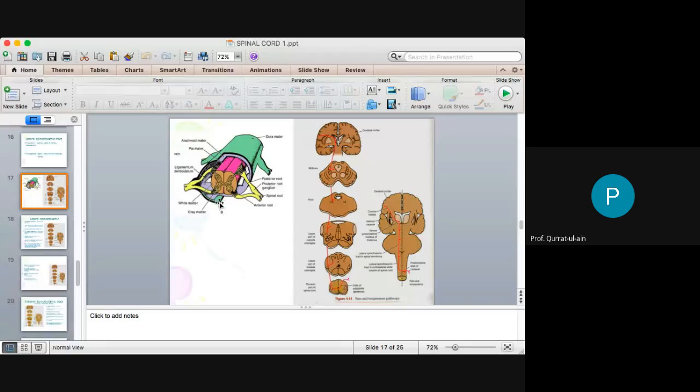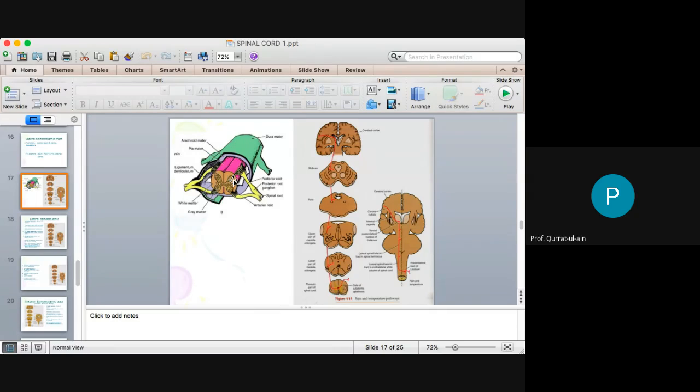The sensations will be carried from the nerve fibers, spinal nerve, first to the dorsal root ganglia, spinal ganglia, which is the first order neuron, right? And then it reaches the posterior horn where it relays in the substantia gelatinosa in both the tracts, anterior and lateral spinothalamic tract. Whatever the receptors are, whatever the sensation is, their first order neuron is the same and the second order neuron is the same.